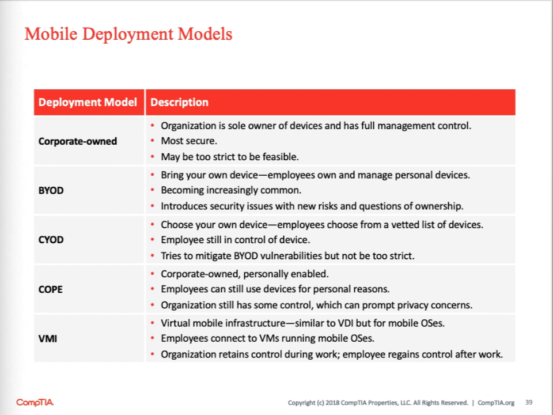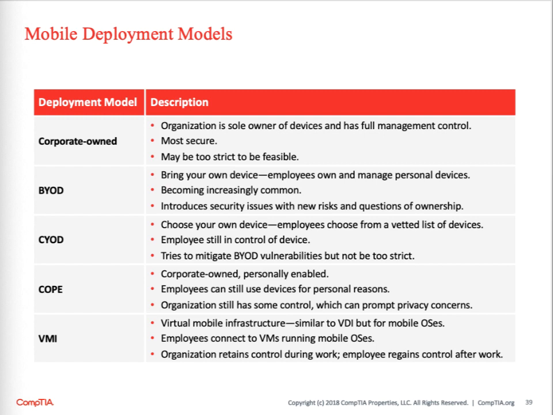However, it is corporate owned. They've already vetted this device for security issues. So there may still be some privacy issues involved here that may throw some users off, because the organization can access personal information on these devices because the organization technically owns these devices.